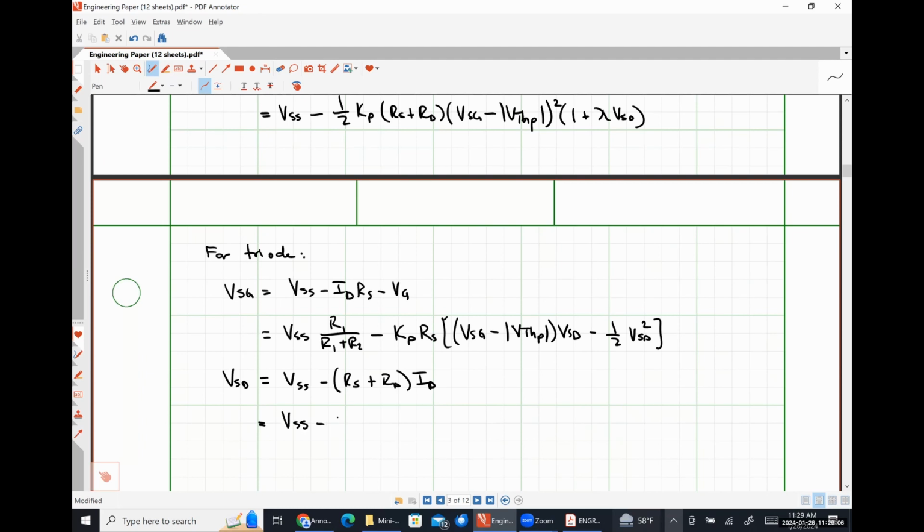So VSS minus KP (RS plus RD) times (VSG minus the absolute value of VTHP) times VSD minus 1/2 VSD squared. 2-equation, 2-unknown system. Solve it, plug the numbers in to solve for ID. So those are all of the relationships that you could ever possibly need for a PMOS transistor in a 4-resistor bias network.